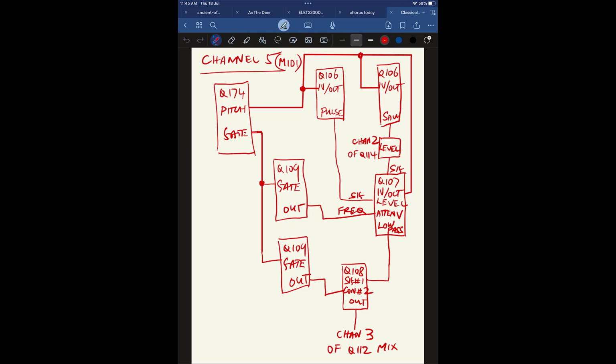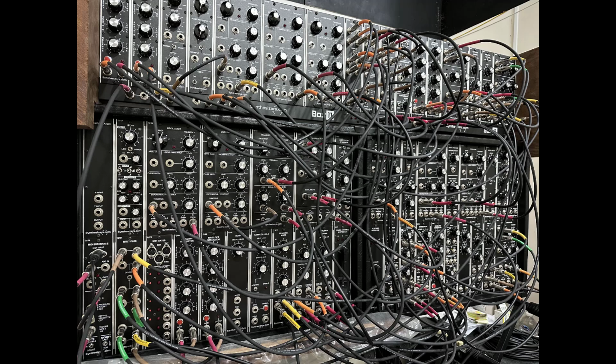But as you can see, it's a fairly straightforward setup, and by rewinding you should be able to easily implement it. And it's pretty much a standard, and we're going into, this is channel 3 of the Q112 mixer. Finally, we show you how it is with all of the 2-foot and 3-foot cables. This is the total patch now, totally set up.